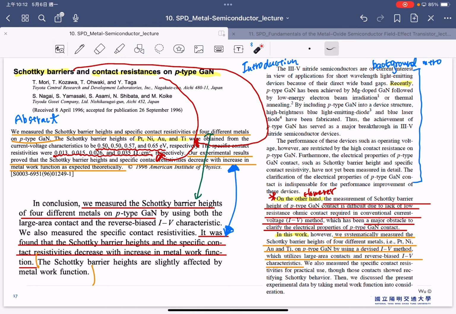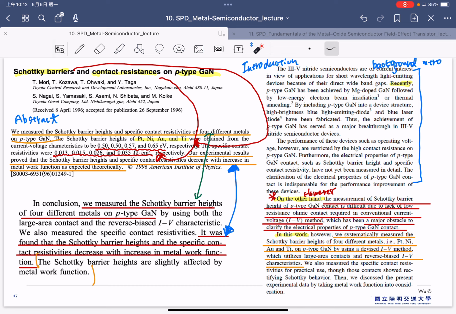This sentence is just another reference from here, talking about the same thing: in this work we measure the IV on p-type GaN with different metal work functions and try to extrapolate the Schottky barrier height and contact resistance. So that's all.